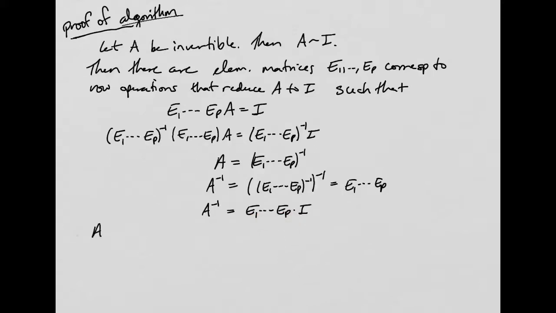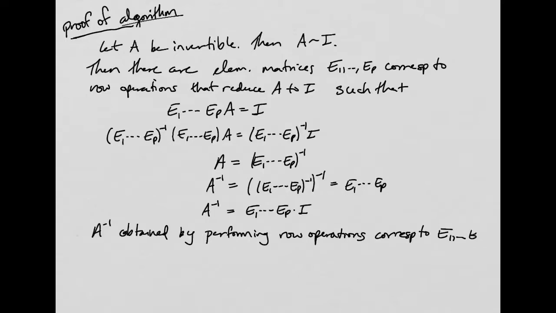So A inverse is obtained by performing row operations, and these are the row operations corresponding to the elementary matrices E1 to EP. So you can get the inverse by performing these row operations on the identity.